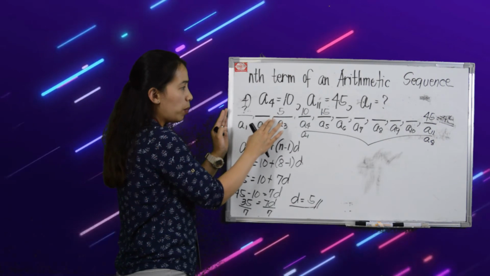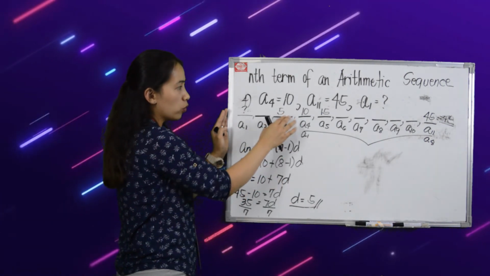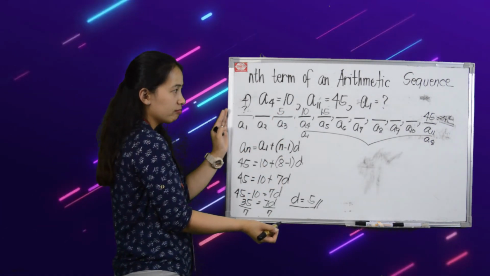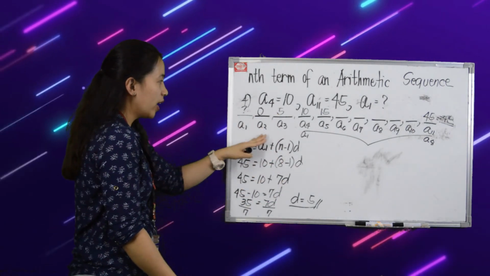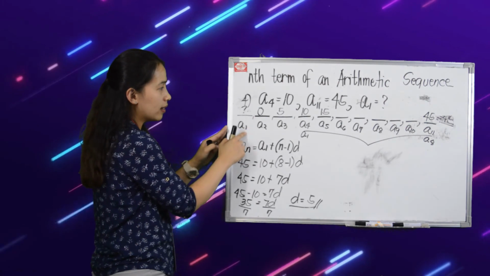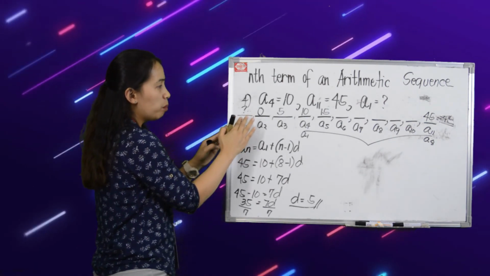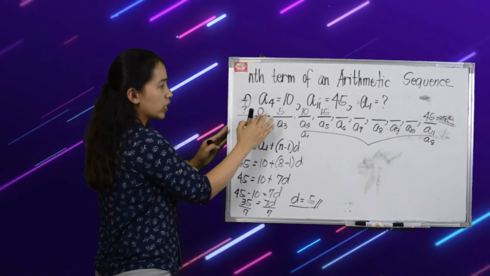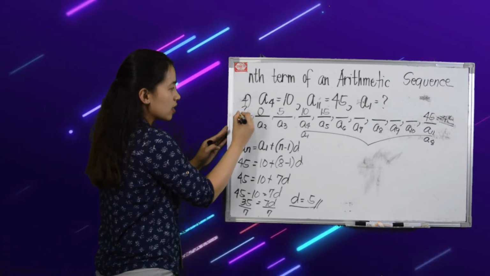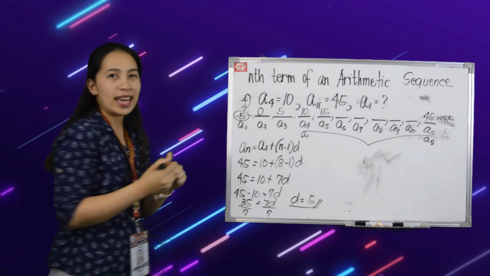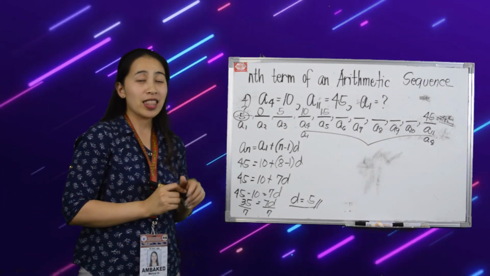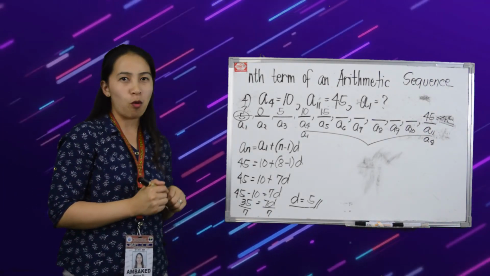Or blank plus 5 is equal to 5. That is 0. Then, to find a sub 1, you do the same. Blank plus 5 is equal to 0. That is negative 5. So our a sub 1 is negative 5. That's one way of finding a sub 1.